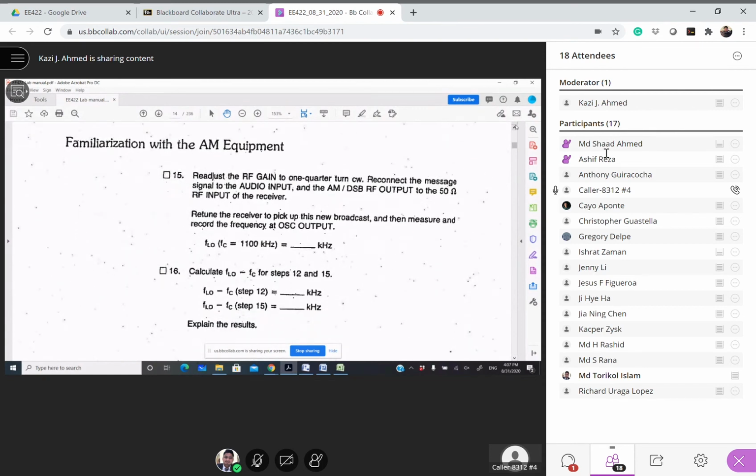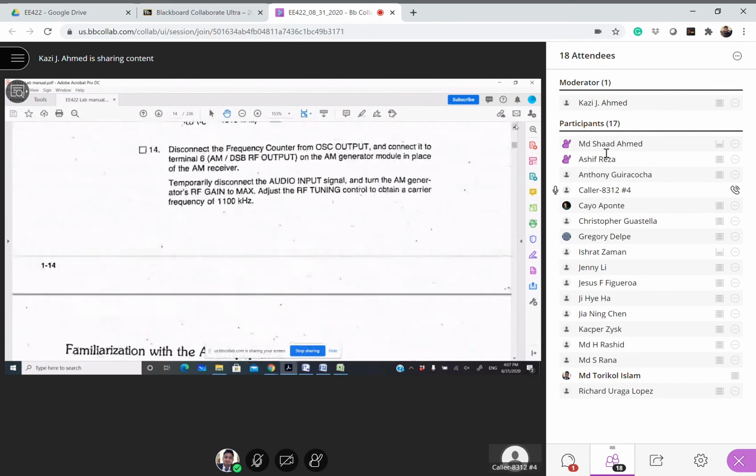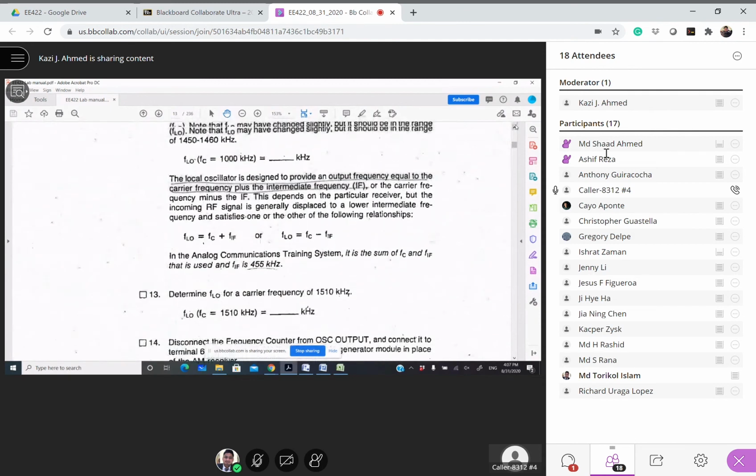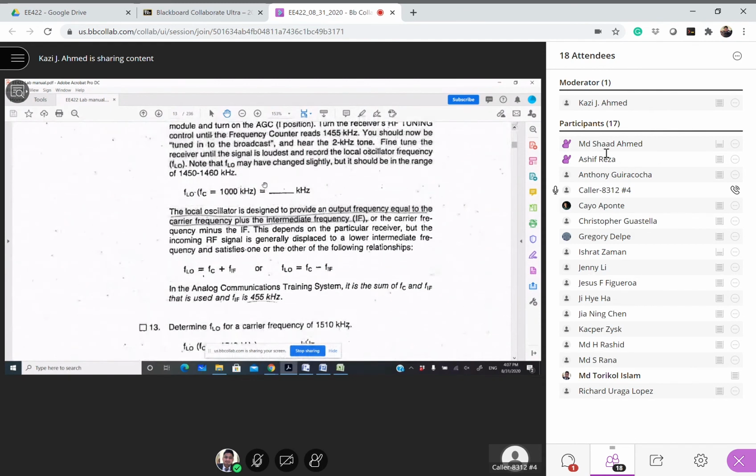As it says at the beginning, for the local oscillator to tune to this, it might not be exactly 1455. It might be a little bit off, let's say within 1450 to 1460. In that range, if it is real equipment, it may appear, because in real equipment you cannot exactly fix the frequency.